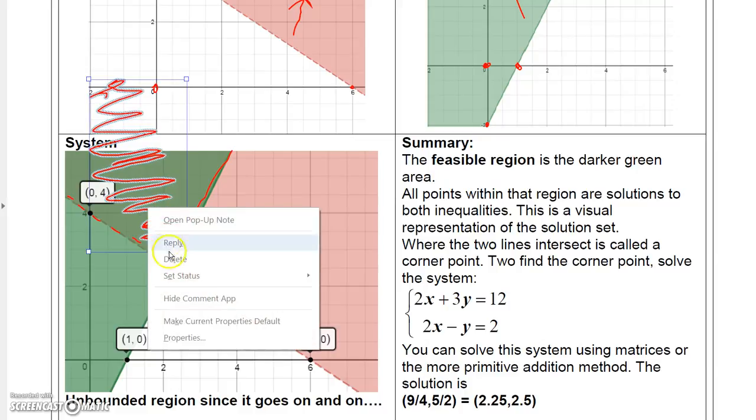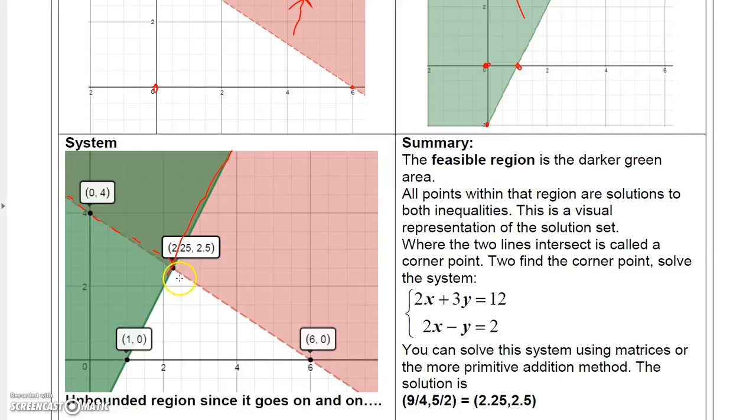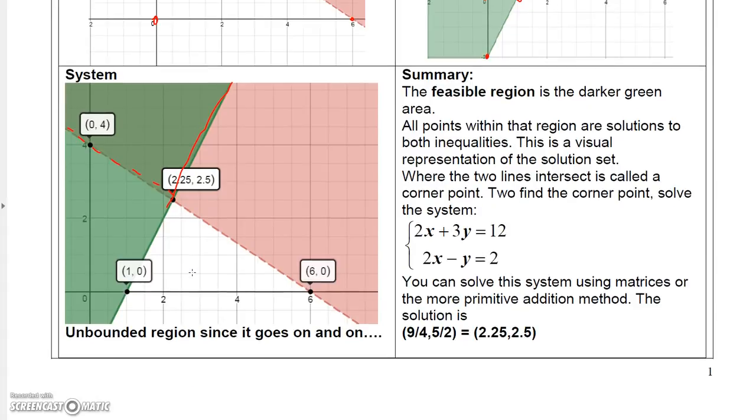Now, this region has what we call a corner point. It only has one corner point because it's unbounded and goes on forever and ever out there. But right here where the two lines intersect, we call that a corner point. To actually find the corner point, you would have to find where the two lines intersect by solving this system of equations.